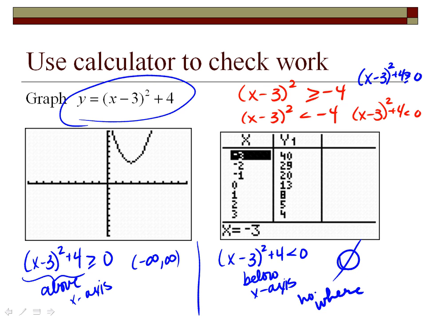So since it was everywhere above, my solution is all real numbers, or negative infinity to infinity. But likewise, that makes the less than 0 no solution because it's nowhere below. Okay. You can also use the table. Right, every value that you plug in for x, you're going to get something that's larger than 0, never less than 0. So that would tell you there's no solution to this second part.